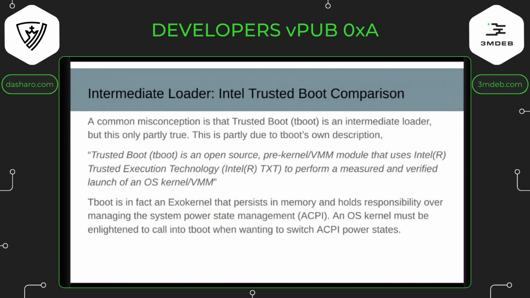But if you actually look at T-Boot itself, it follows an exokernel design pattern, where T-Boot always remains in memory and is responsible for managing ACPI states. An OS kernel has to be enlightened to interact with T-Boot to trigger any of those ACPI power state changes.